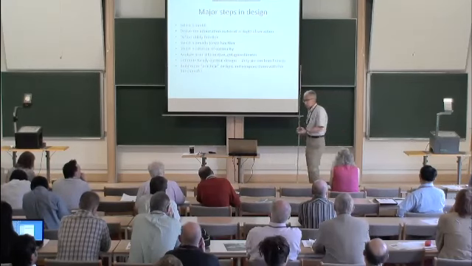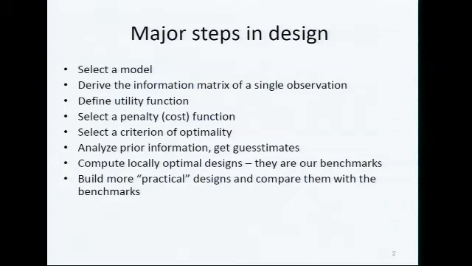Select a model, then derive the information matrix of a single observation. It will be clear later on what that means. Then define a utility function. It means define what you really want from your experiment. Then select a penalty function, and the rest you can read on your own.